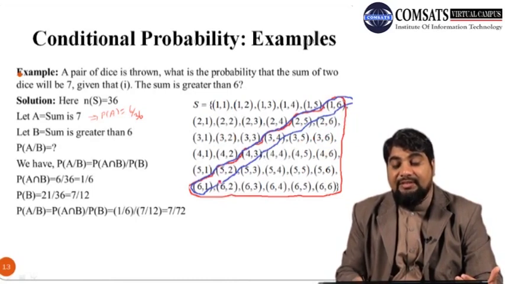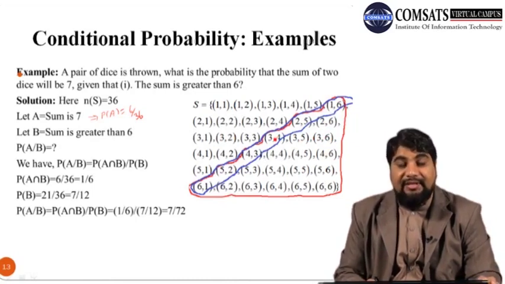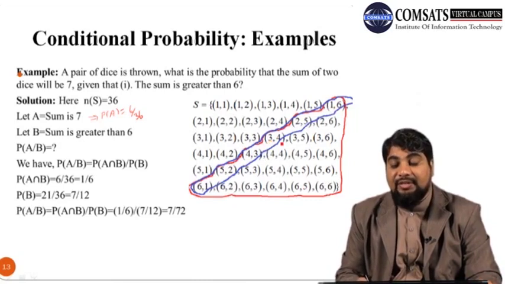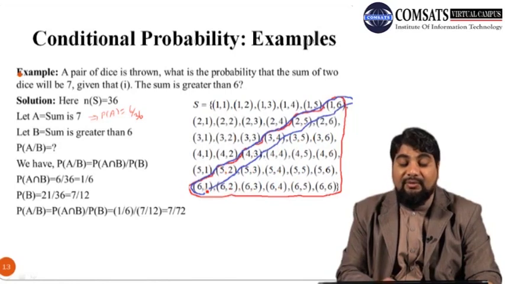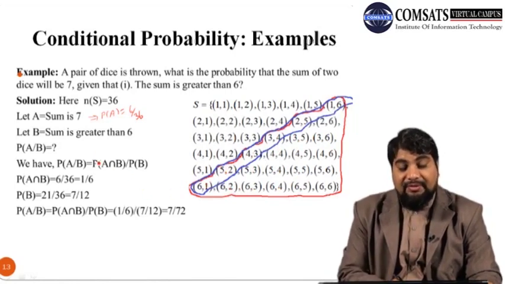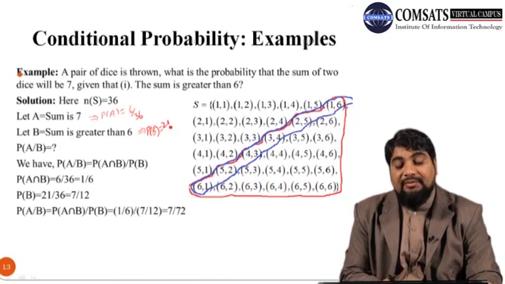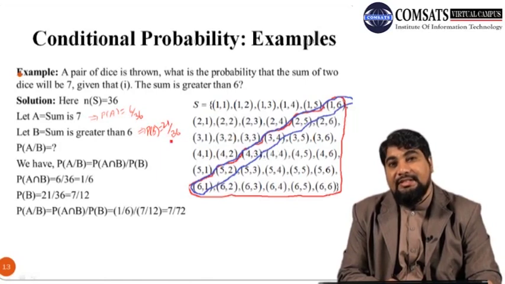These are the points whose sum is greater than 6. Just count them: 1 2 3 4 5 6, 7 8 9 10 11 12 13 14 15, 16 17 18 19 20 21. So the probability of B is 21 out of 36.